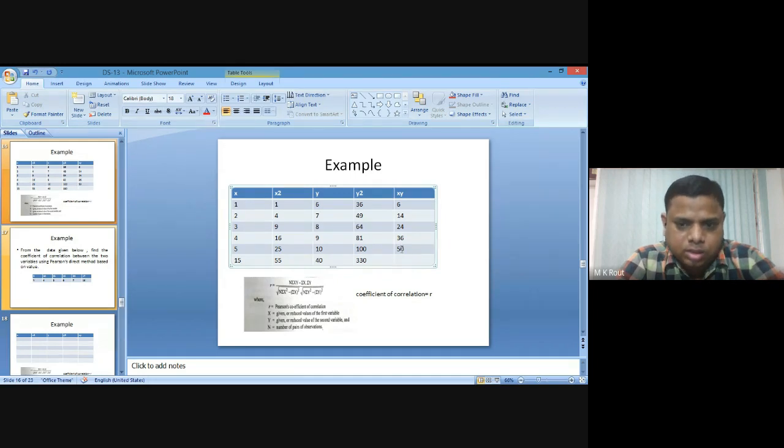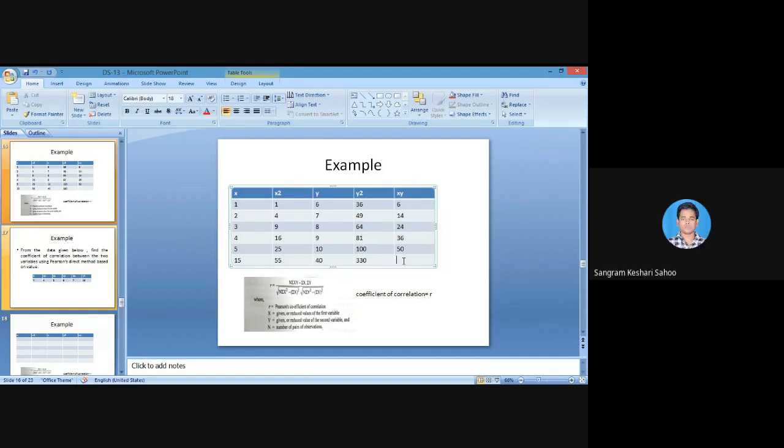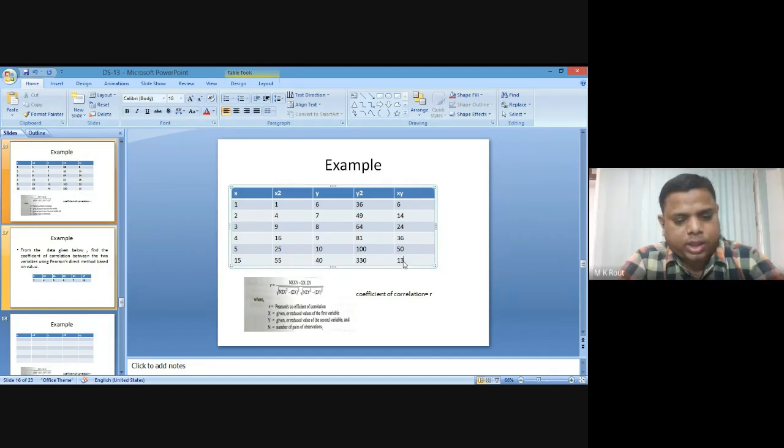Then you have to calculate the sum of xy. What is the value of sum of xy here? 130. Okay. So you got the value of sum of xy in the last column, and sum of x square is 55, sum of x is 15. Put the values in the formula to get the answer.